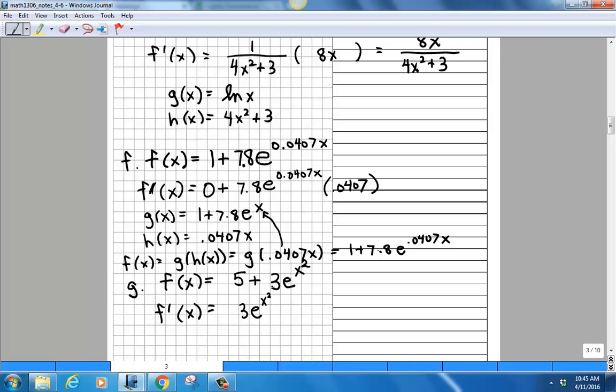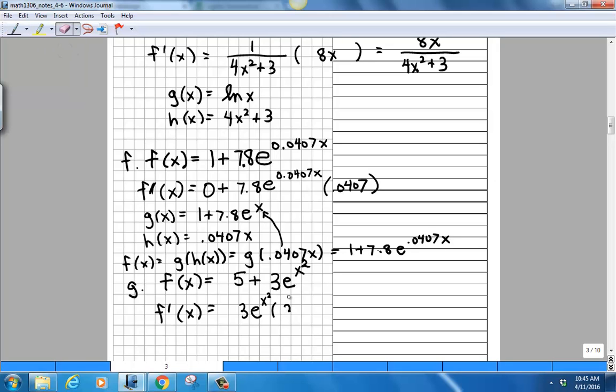So don't differentiate the x squared yet, but you are going to differentiate it. Because this is the correct start, but to finish this off, we have to multiply in by the derivative of the exponent. That's where you're going to do the derivative. And what's the derivative of x squared? 2x, right.